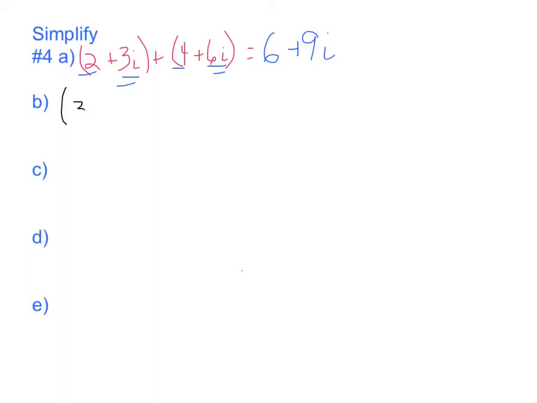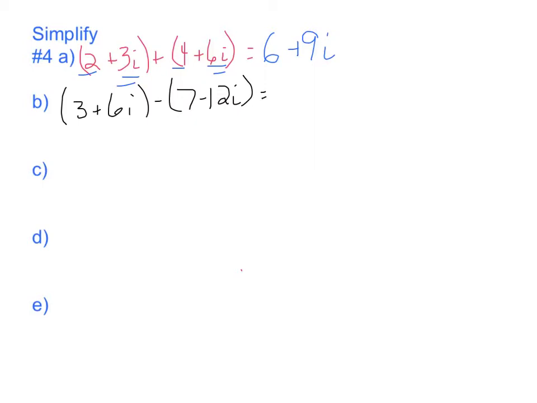Alright, let's try the next one. The quantity 3 plus 6i minus the quantity 7 minus 12i. Now here you got to be careful because you're subtracting a quantity, so you need to remember to change the signs because you're subtracting. You need to change the signs of the 7 and the negative 12.